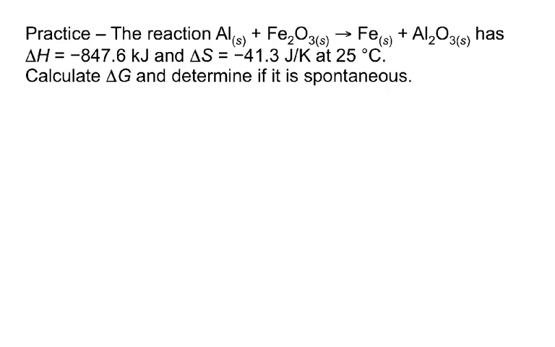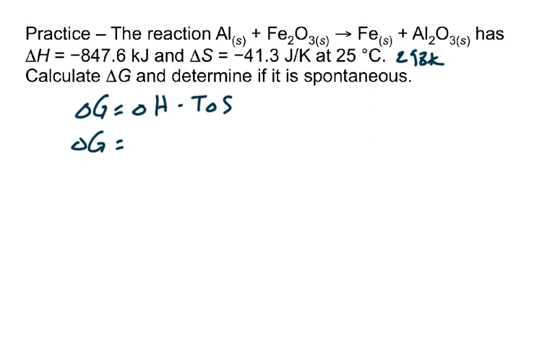Another reaction, the reaction aluminum plus iron 3 oxide goes to solid iron plus aluminum oxide, has a delta H of negative 847.6 kilojoules, delta S of negative 41.3 joules per Kelvin at 25 Celsius, which is 298 Kelvin. Calculate delta G, determine if it's spontaneous. So delta G is equal to delta H minus T delta S. Again, I recommend pausing the video, working this out on your own.